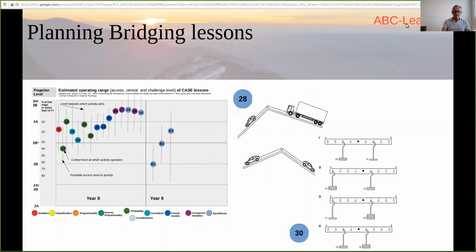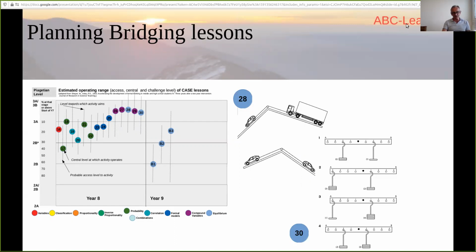The bridging also is, these lessons were designed to be about thermal equilibrium, where a reminder of lesson 28 and 30 in the CASE curriculum are dynamical physical equilibria, the uphill and down dale. As you can see, 28 is to do with the 4 variables, to do with the different masses of the objects, the transport objects that come into equilibrium, and also the slope of the roads that they're on.